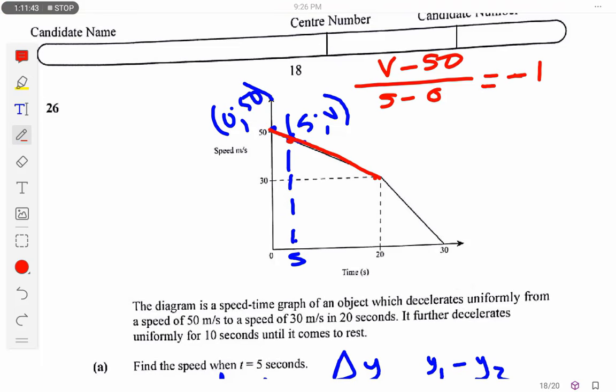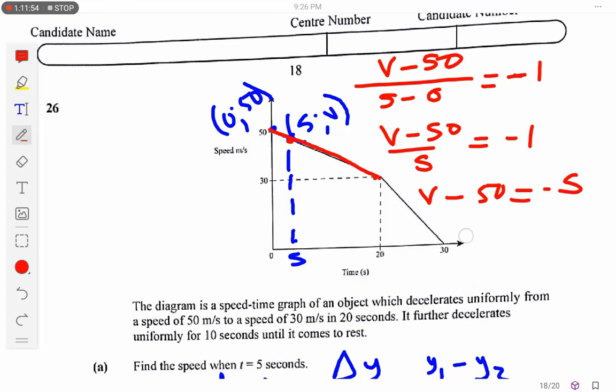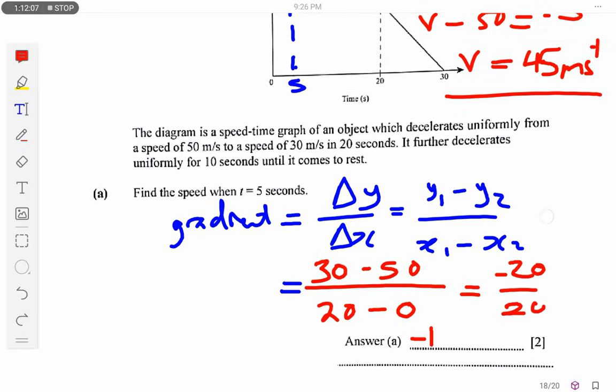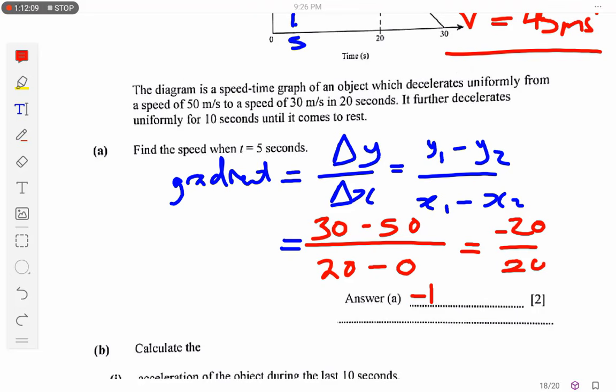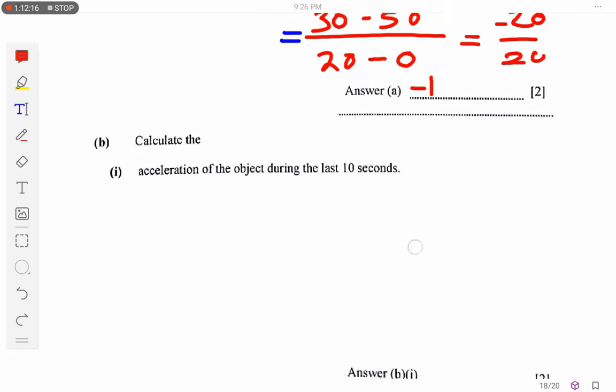So v minus 50 over 5 is equal to minus 1. I can multiply and have v minus 50 equals minus 5. So v is equal to 45. This is 45 meters per second, the speed at 5 seconds.